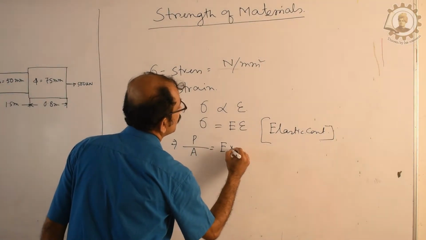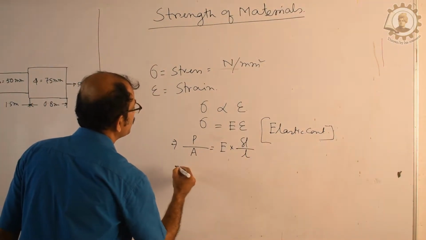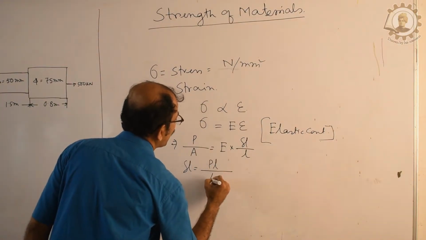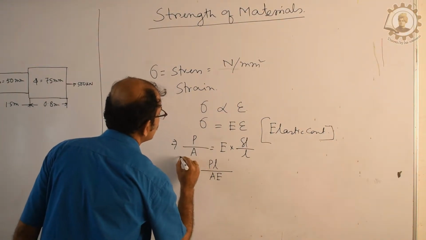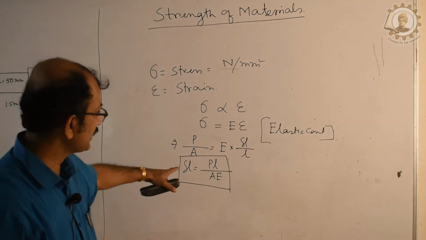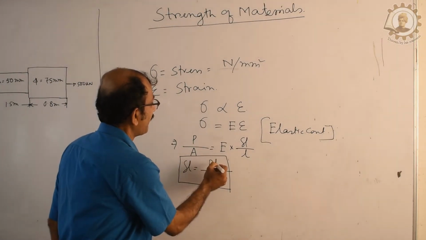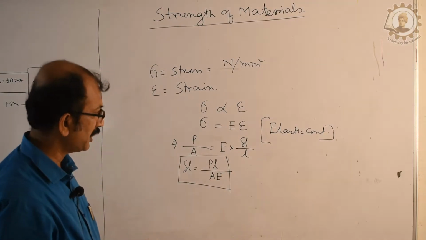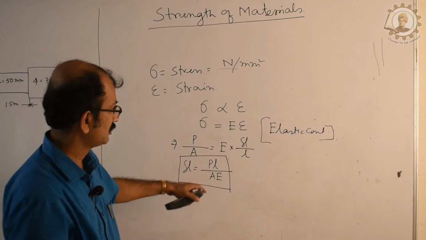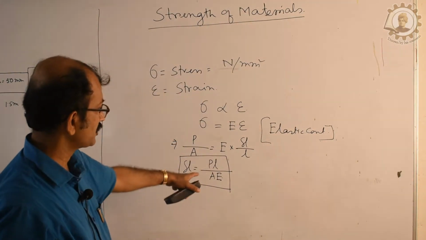and strain is del L by L. So from this we can write del L equals PL by AE. So this is the elongation del L with the help of the applied load P, and L is the length of the bar, A is the cross sectional area, and E is the constant of proportionality, the elastic constant.